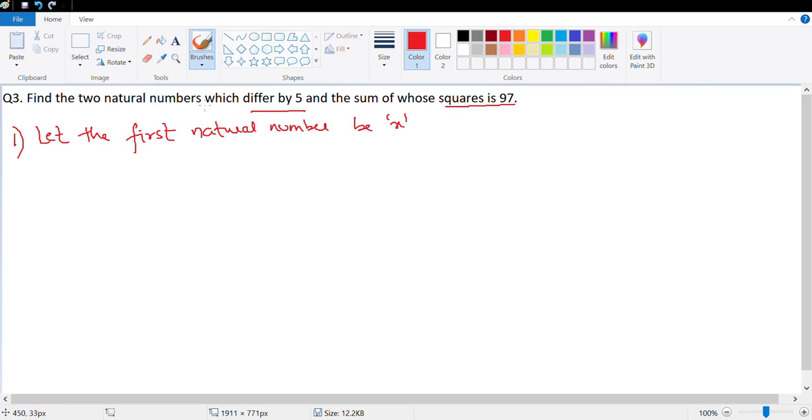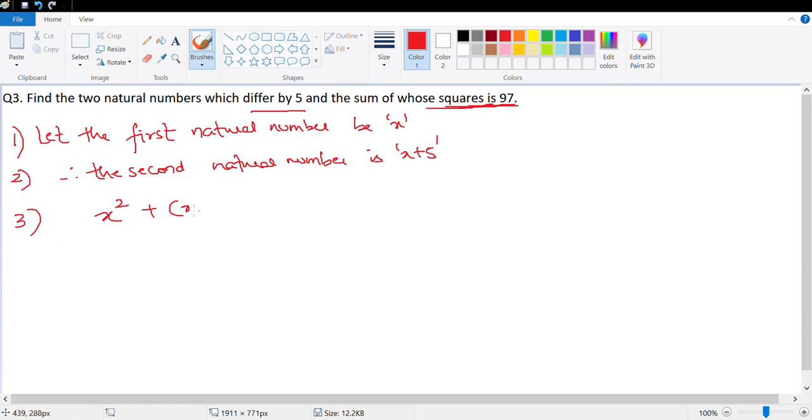There are two natural numbers, which means the second natural number differs by 5, which is x plus 5. So these are the two numbers x and x plus 5, and the condition given is the sum of whose squares. So we are talking about the squares, which means x squared plus x plus 5 whole squared is equal to 97.